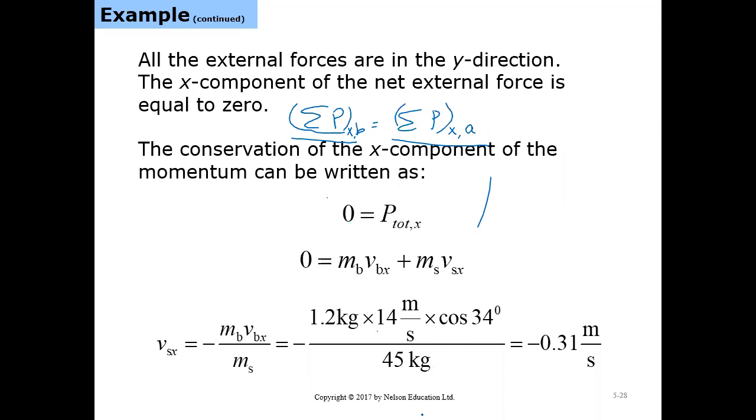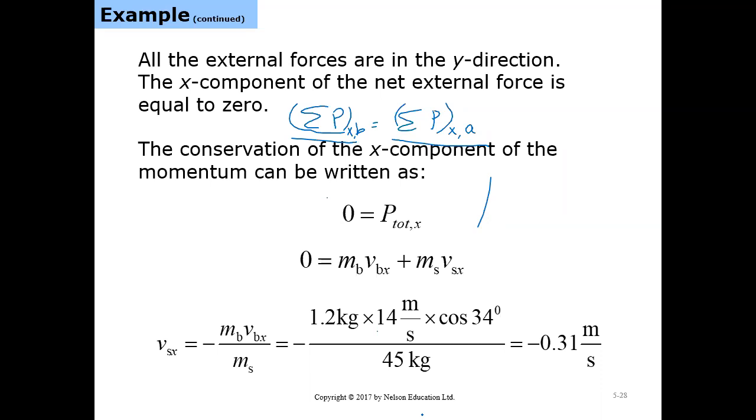So we are applying the conservation of momentum in the x direction, because in the x direction the net force is equal to 0 because we are ignoring the friction. All the other forces are internal forces because she's pushing the bottle, and the contact forces from the bottle on the hand and from the hand on the bottle are all internal forces.